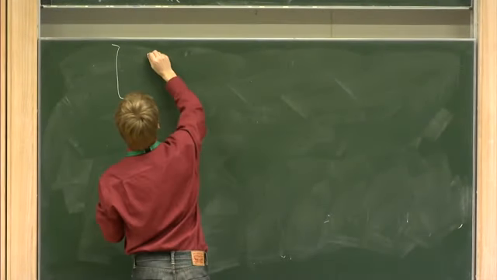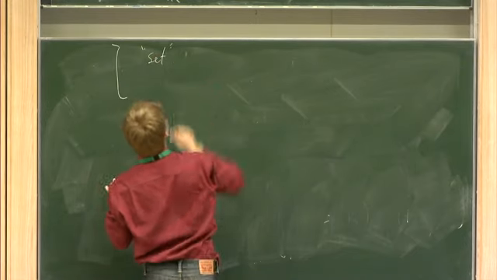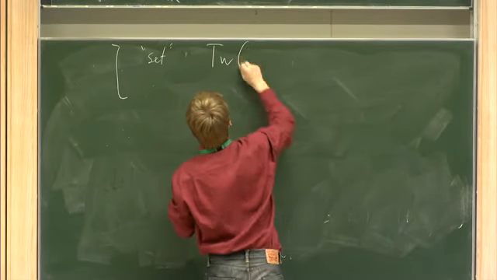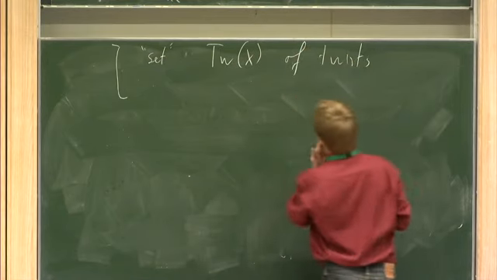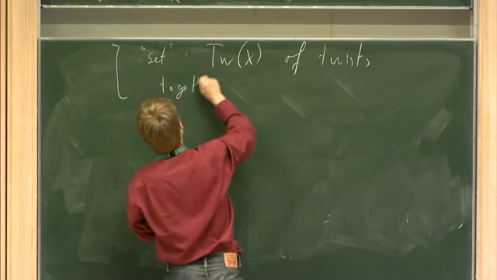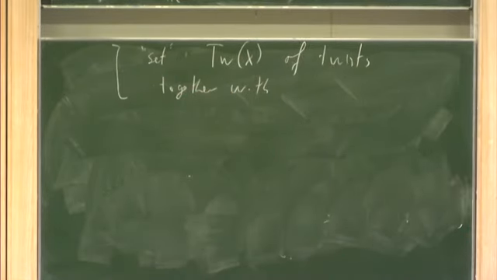It means we have a set, twists of X, or twists for X, together with isomorphisms between twists, which is what a groupoid is after all.